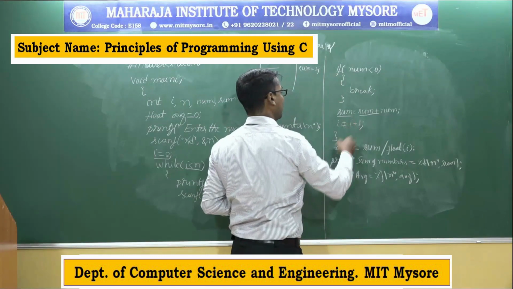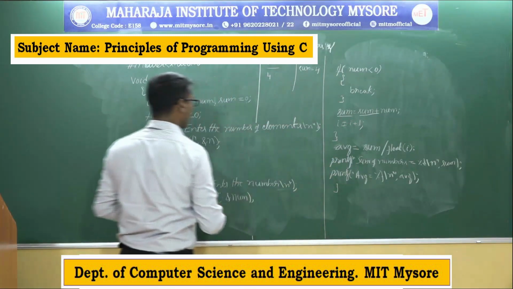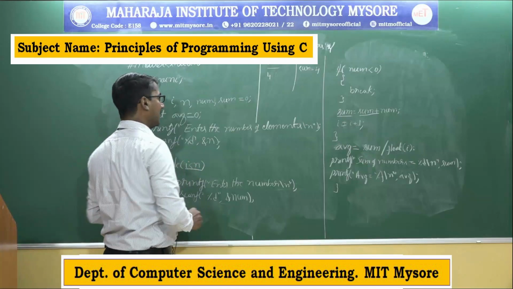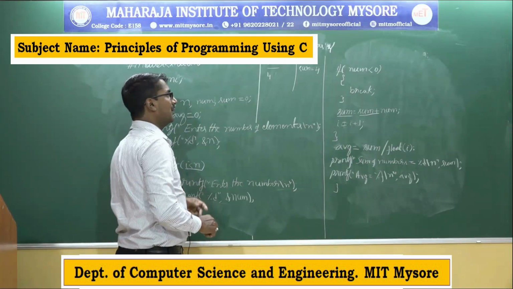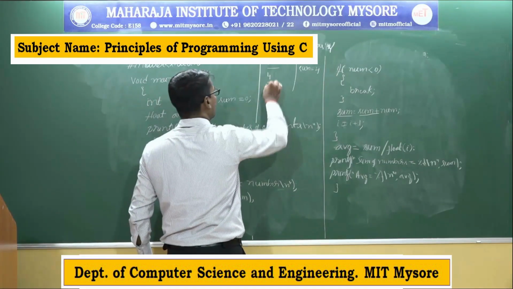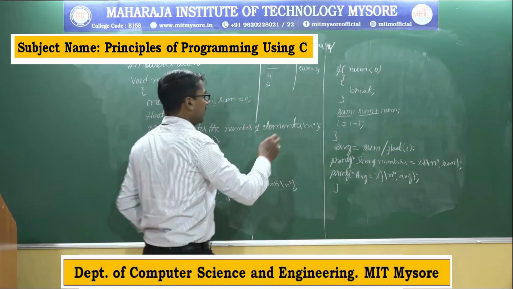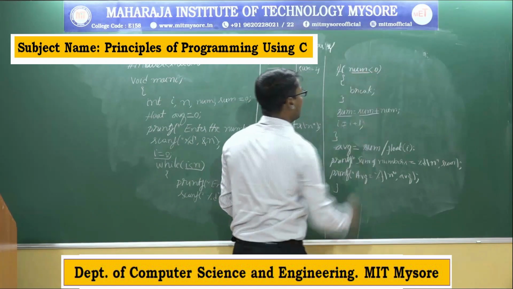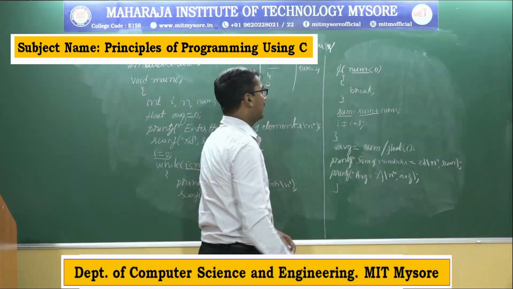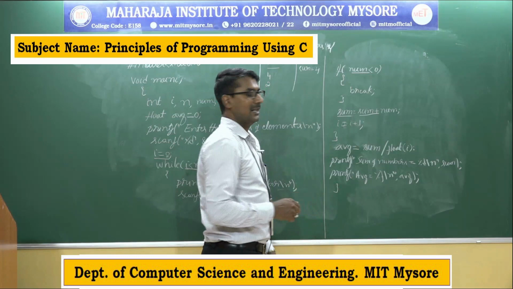Then the i value is incremented by 1. Now it will go back to the loop. Now 1 < 5, the condition is true. I will enter one more number, 2. So here it will verify 2 < 0. Once again the condition is false.